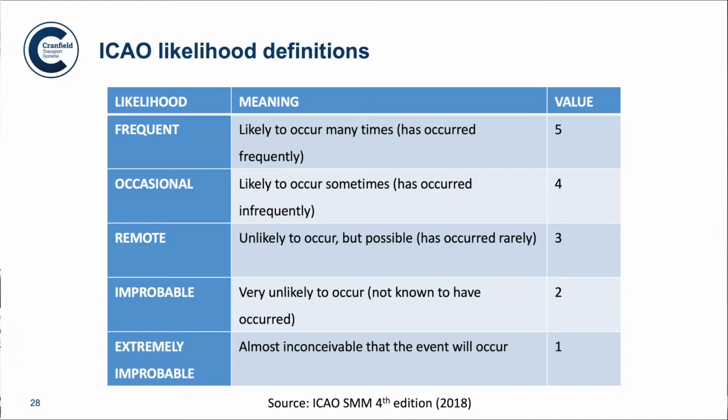We'll mention that in a moment though. But ICAO has provided this guidance, so you can read those for yourself, but frequent, likely to occur many times, has occurred frequently, that's a value of 5. What that value represents in reality, it's not a physical quantity, so it's more of a label than a value. But what's missing here?